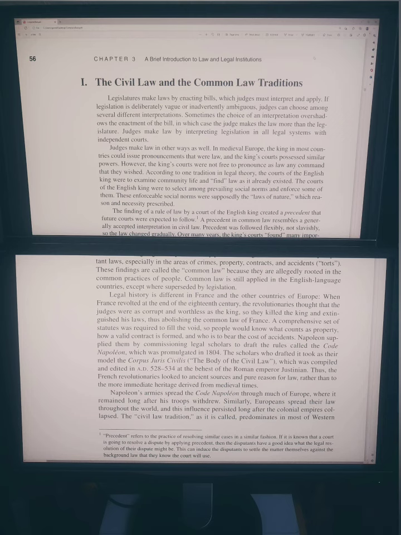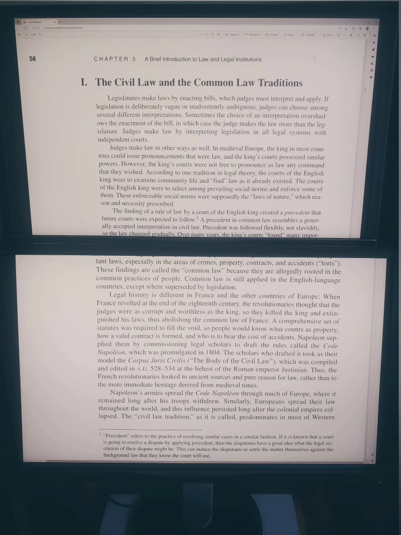The scholars who drafted it took as their model the Corpus Juris Civilis, the body of the civil law, which was compiled and edited in AD 528 through 534 at the behest of the Roman Emperor Justinian.